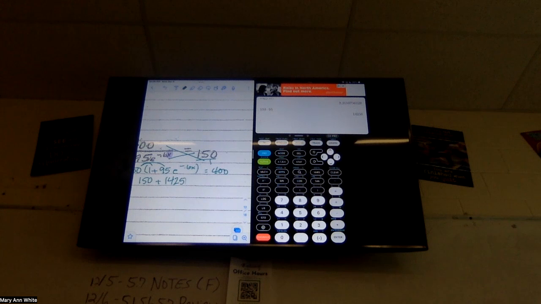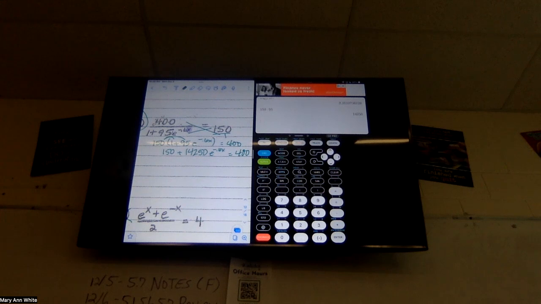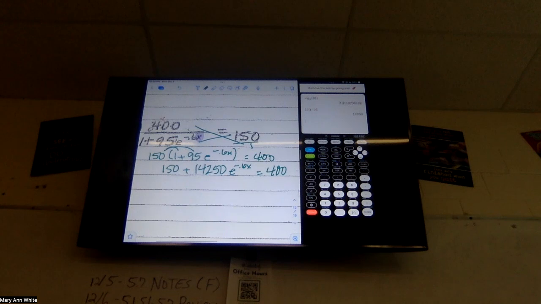14,250, and that's times e raised to the negative 0.6x, all equals 400. So all we've done was cross multiply and distribute. What happens next? Subtract that 150.